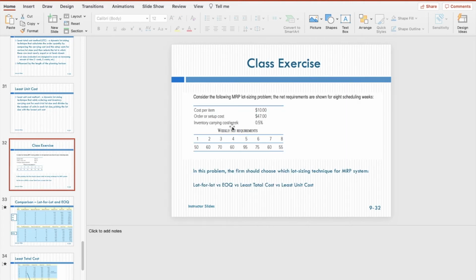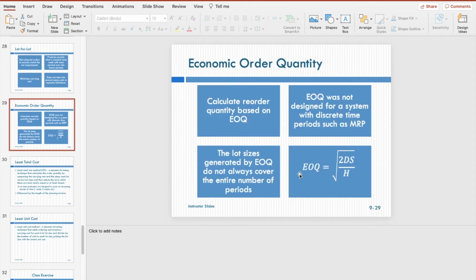That will be your inventory carrying cost, which is based on the production cost of every unit, $10. So when you calculate the holding cost, or carrying cost, you use this $10 times 0.5%. That's for 1 week. But what we need within this equation is not for 1 week, it's for annual, because D is the annual demand. H should correspond to that.